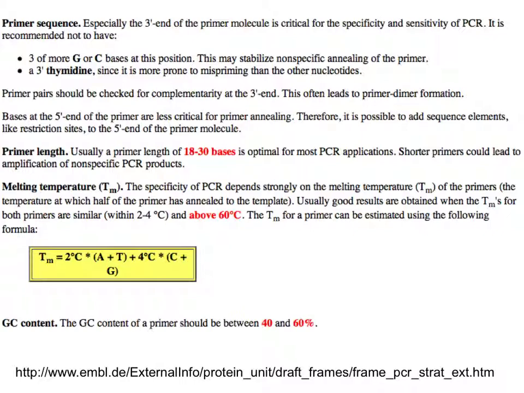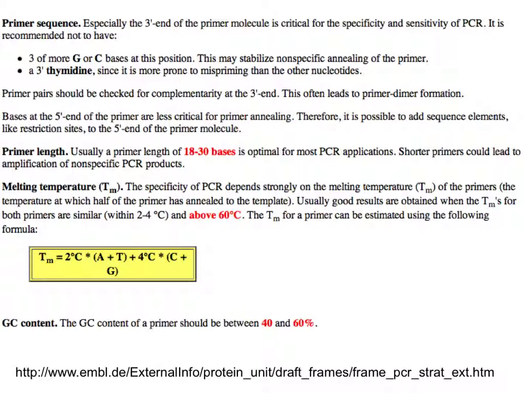Bases at the 5' end of the primer are less critical for annealing, so you can add sequence elements at the 5' end of primer molecules, and the length should be about 18 to 30 base pairs. Shorter primers could lead to amplification of non-specific PCR products.